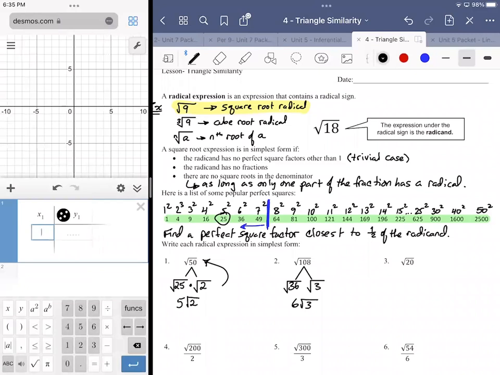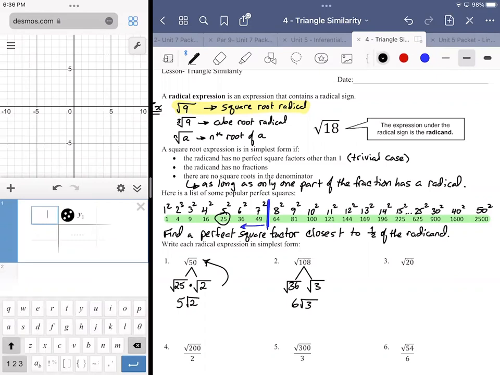I like to change the headings on this, for no other reason than it's easier to type in variables if there's no subscript associated. So I'm going to change this to an N. It could be whatever you want.